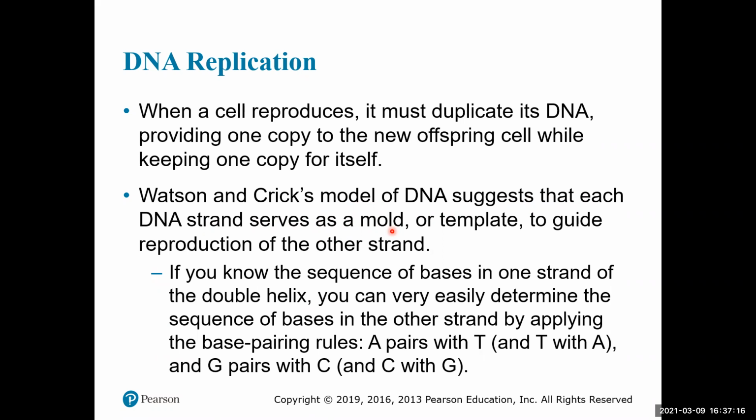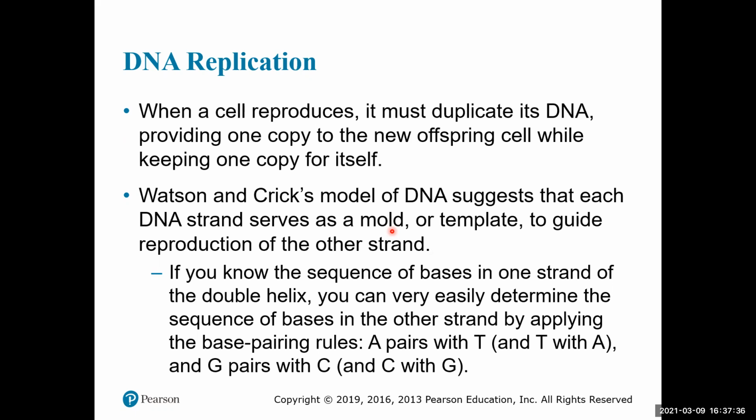What that means is if you know one base, you automatically know the other base that it's paired with, because adenine is always paired with thymine and vice versa, and guanine is always paired with cytosine and vice versa.